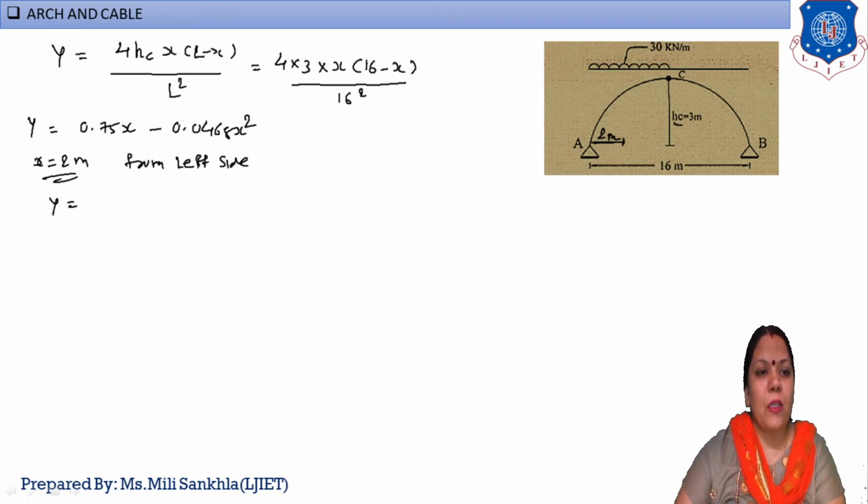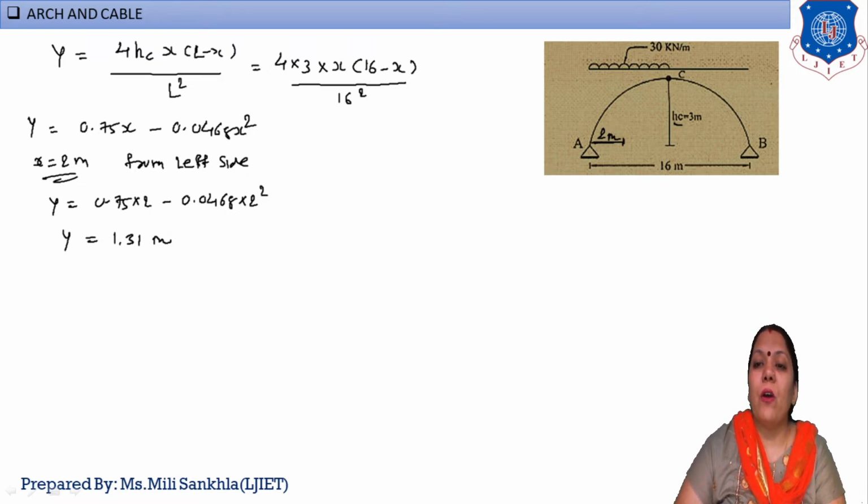Now Y is equal to 0.75 into 2 minus 0.0468 into 2 square, and my value of Y is equal to 1.31 meter.